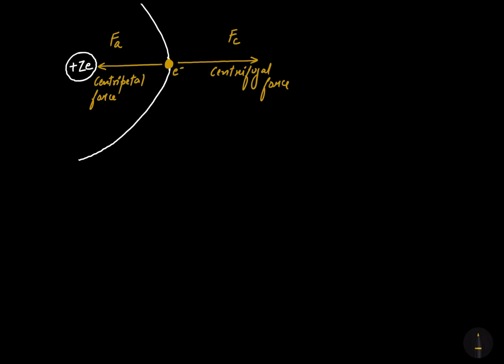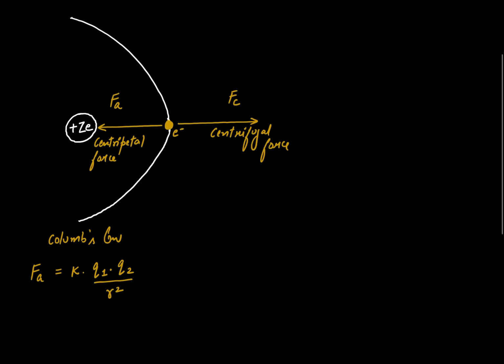Now I'm talking about the force of attraction. I'm applying Coulomb's law over here. Coulomb's law says that the force of attraction between two charged particles is directly proportional to the product of the magnitude of the two charges and inversely proportional to the square of the distance between them, with a proportionality constant that's called the constant of permittivity for air or the vacuum.